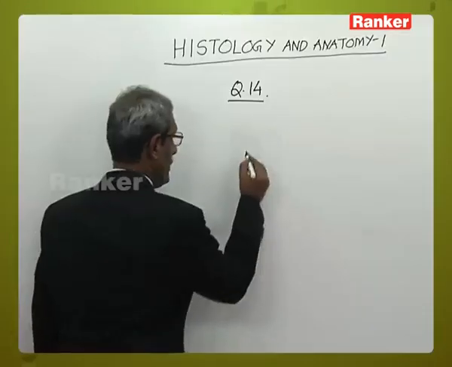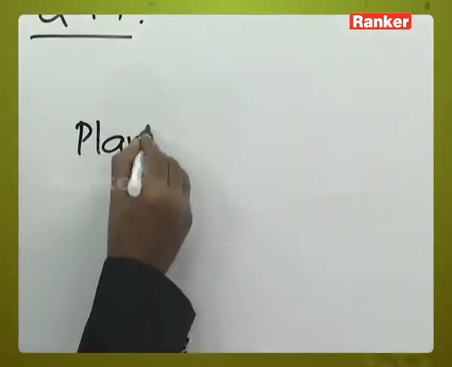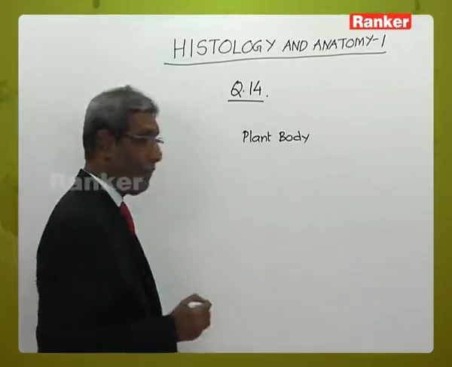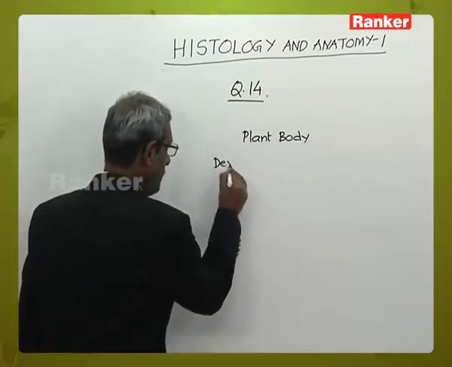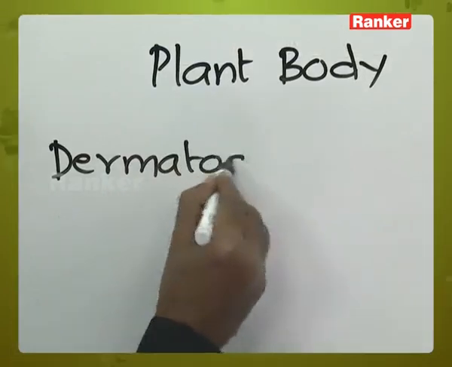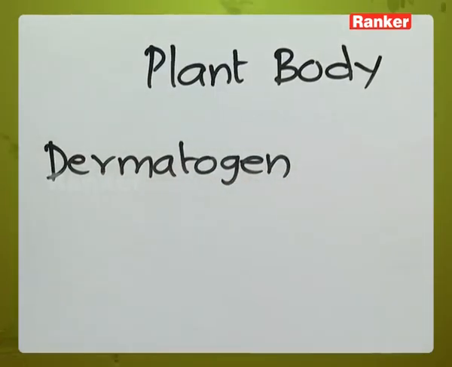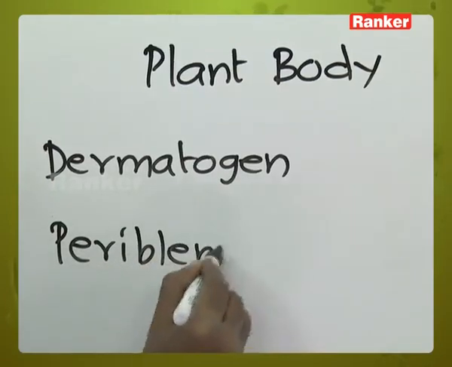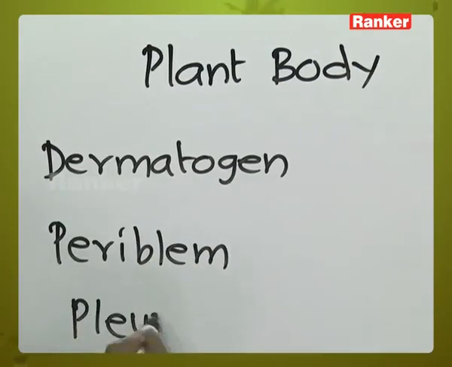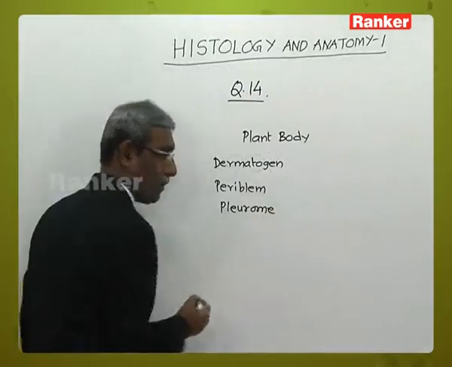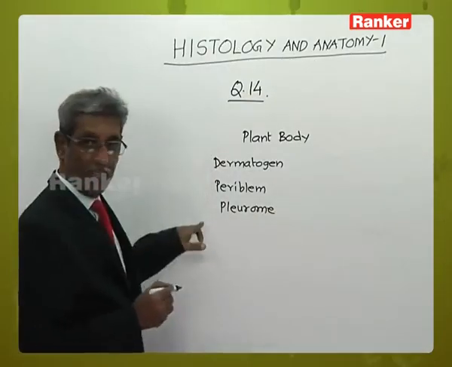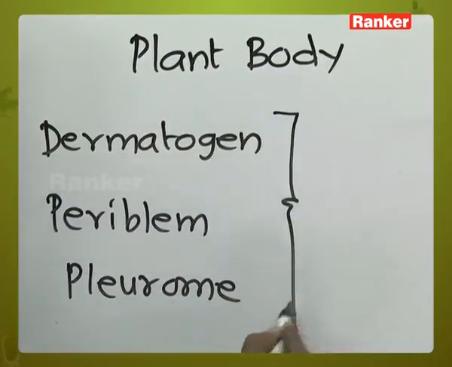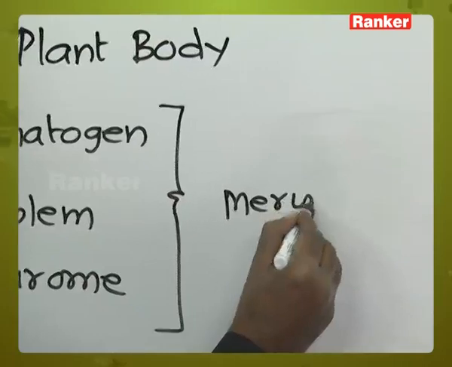When we take the plant body, any plant body is made up of the dermatogen, then it is made up of the periblem and the plerome in the sequence. Now, all of these together are examples of meristematic tissues.